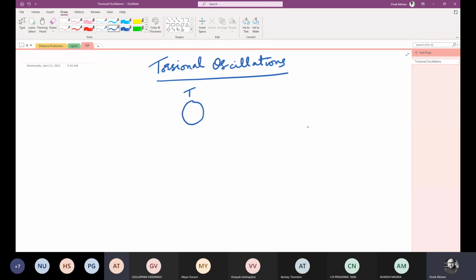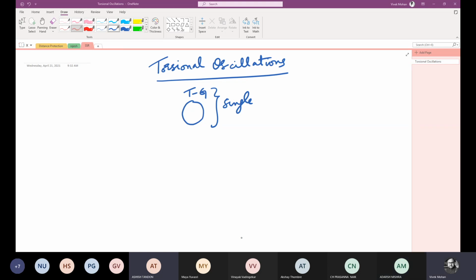Sir, I think that if we are writing anything, we are not able to see. Oh, you are not able to see? No, sir. Okay, one minute. You just see the blank page. No, sir. We can see the heading and the T, and one circle with a T above it.